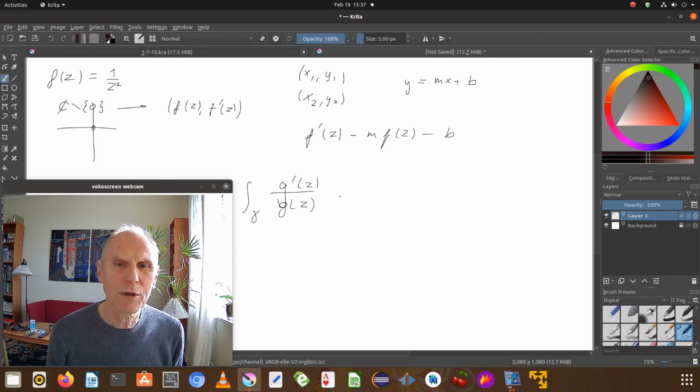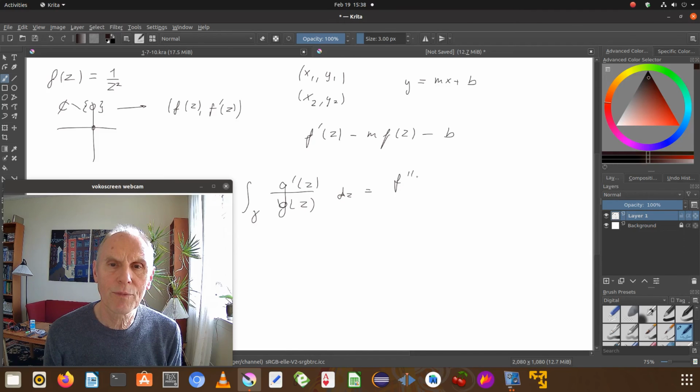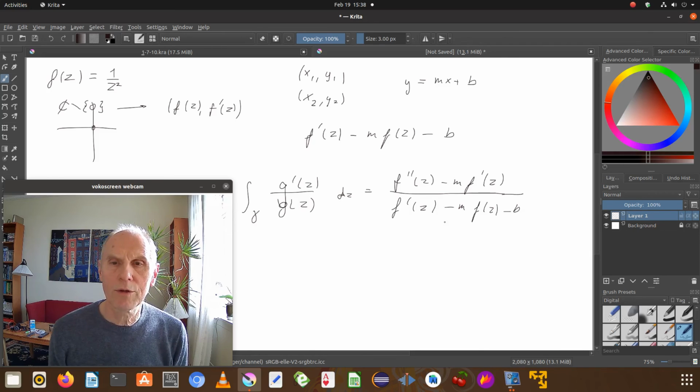But I'm sorry, does this happen? If we differentiate this function, we get, so we have poles at the zeros, and the pole at 0 is of order 4 and of order 3.